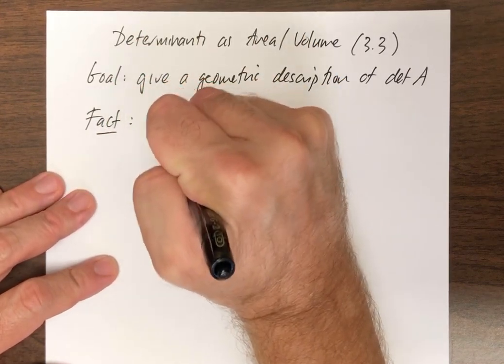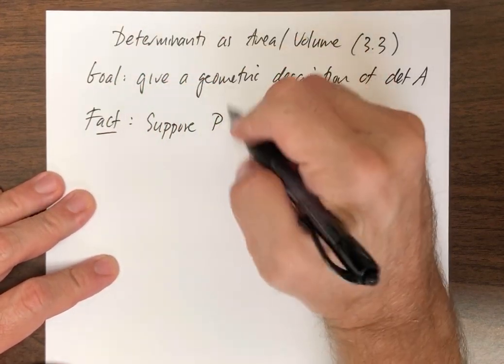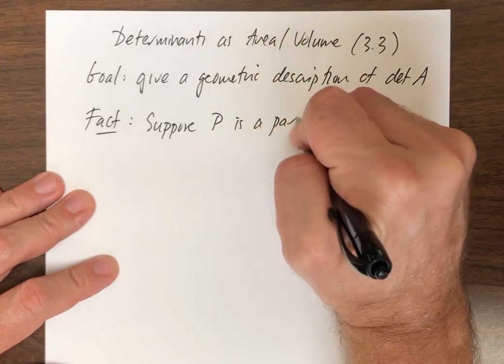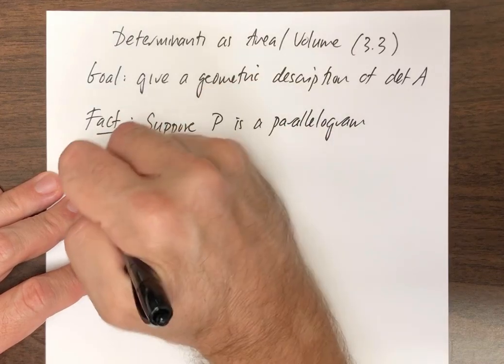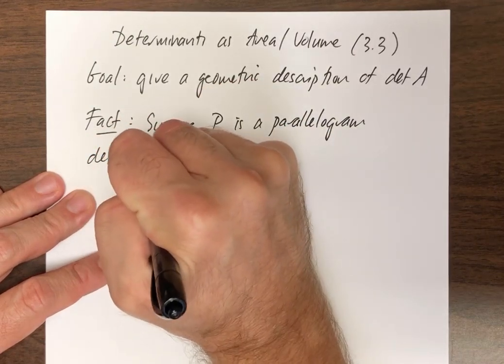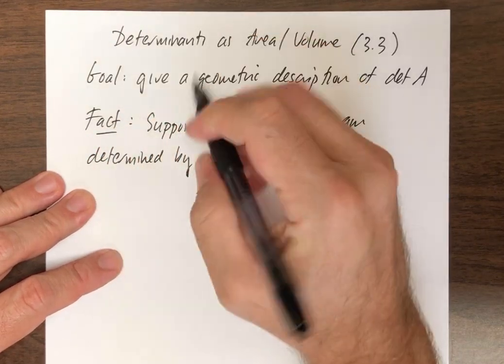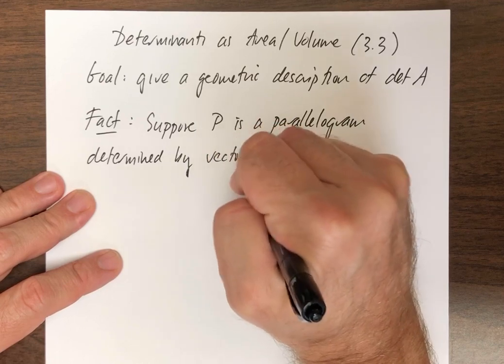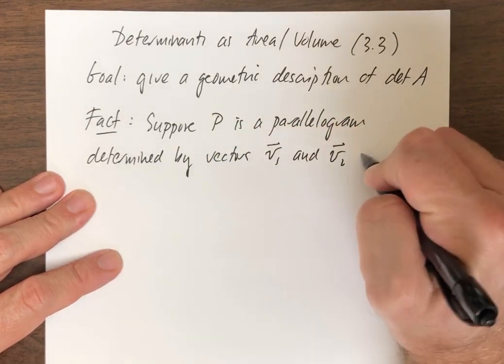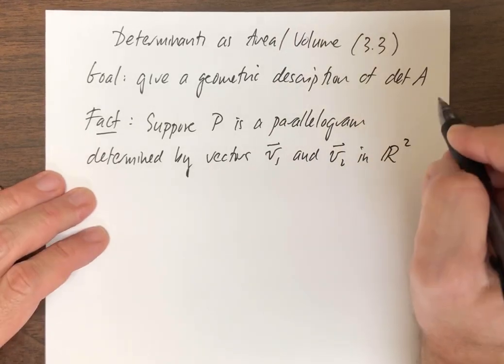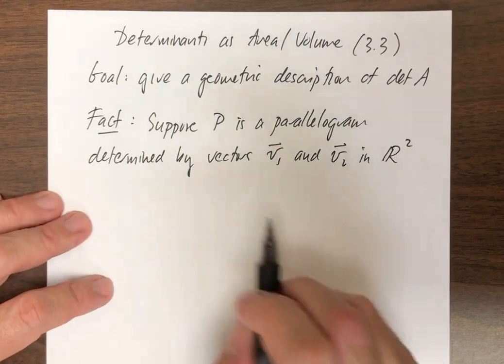Suppose P is a parallelogram, let's say, determined by vectors, say v1 and v2 in the plane R2. So I'll explain in a second what I mean by determined by.